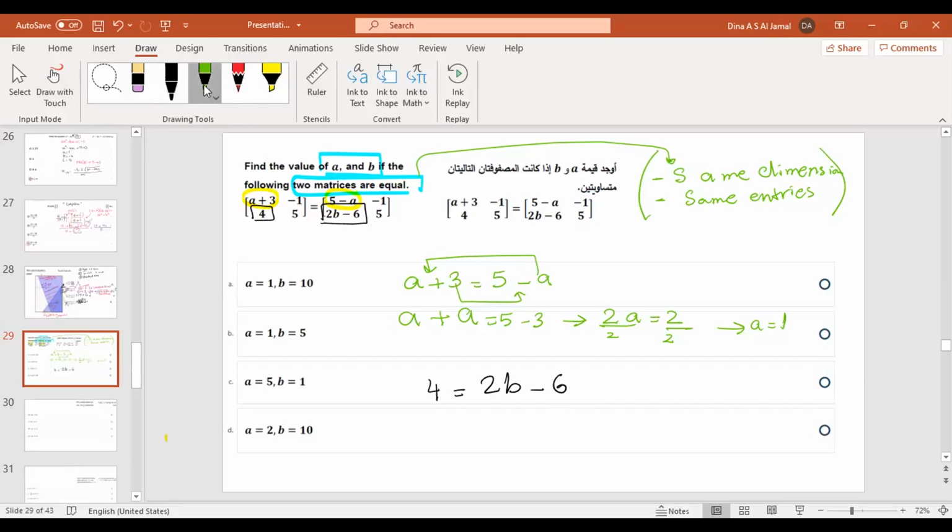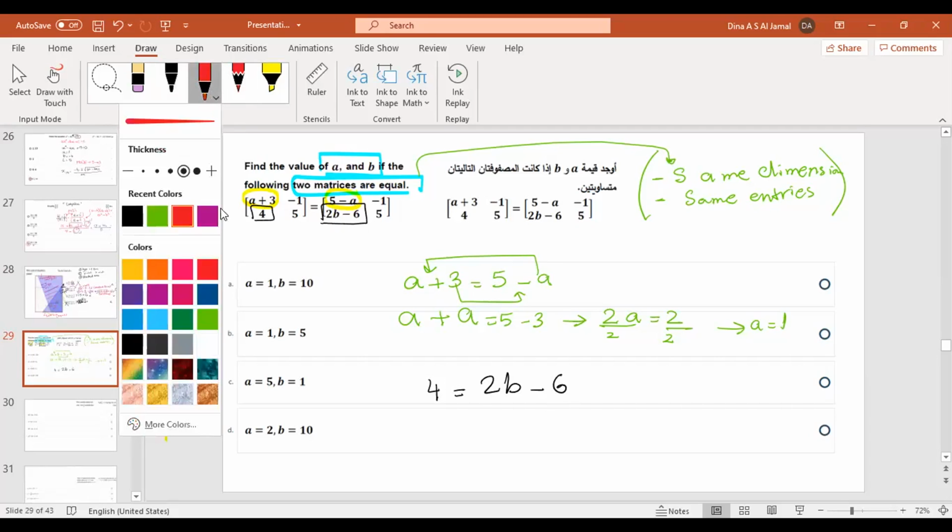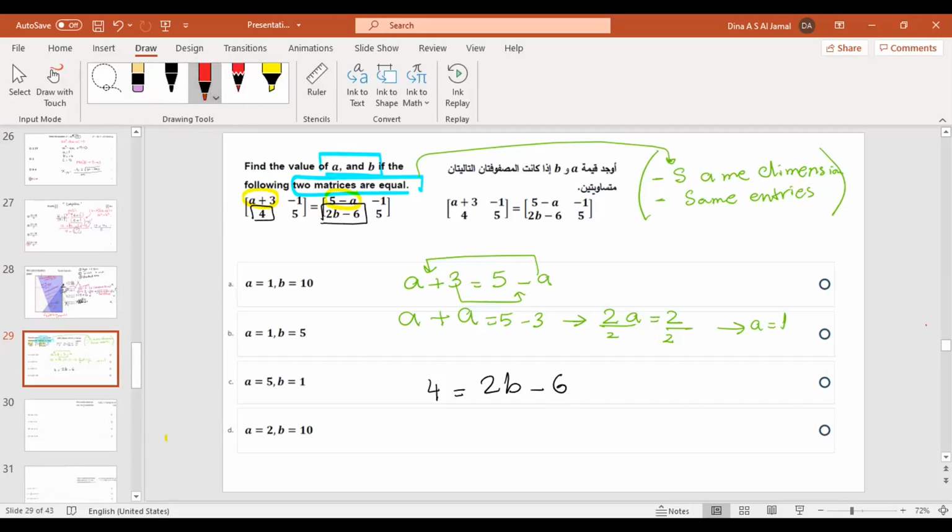Let's solve this equation. After solving this, it will be plus 6, plus 6. 10 is equal to 2b. Now divide by 2. Divide by 2. What's your b? 5. So now your b is 5. Your a is 1. This is wrong.